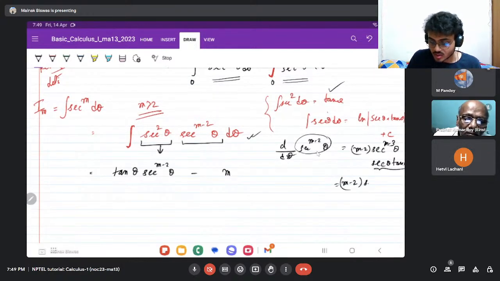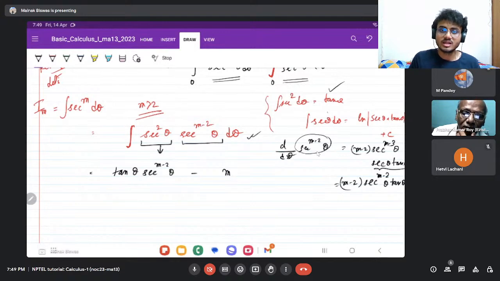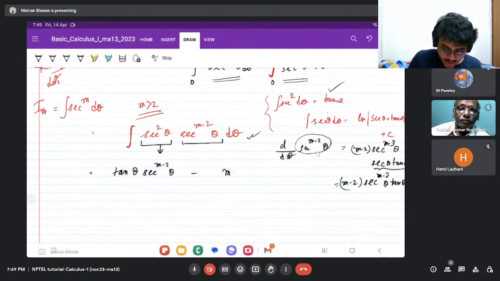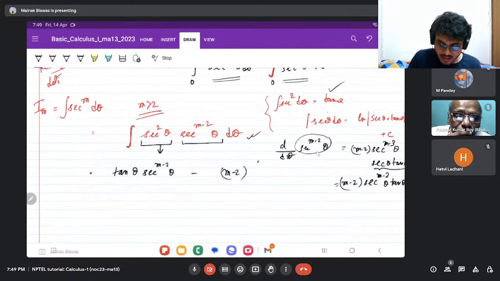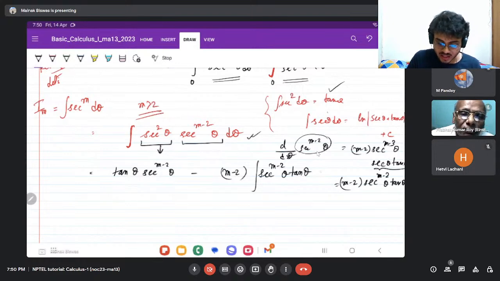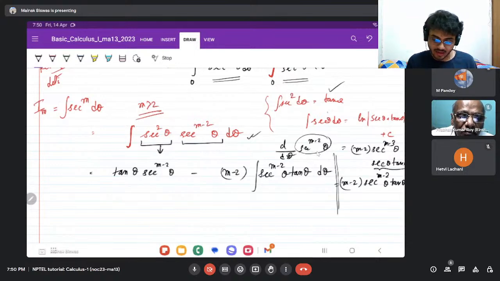So this becomes sec to the power m minus 2 theta into tan theta. Agreed? This is very clear. So this is m minus 2 times the integral of sec to the power m minus 2 theta, and sec square theta we have already integrated and got tan theta d theta.